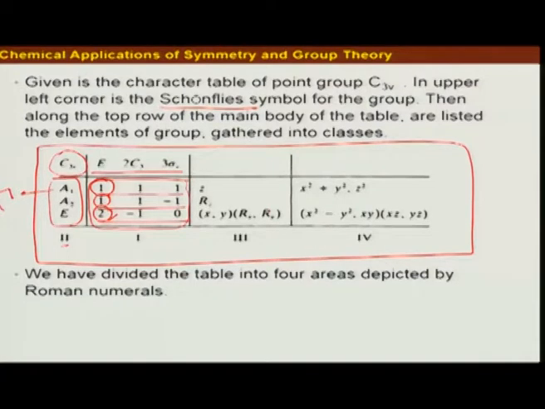X, y, z are the Cartesian coordinates, and these r's are the rotational symmetries with respect to each axis, which is given as the subscript. So about the x axis, if the rotation is there, then I have rx, otherwise ry or rz. Fine.